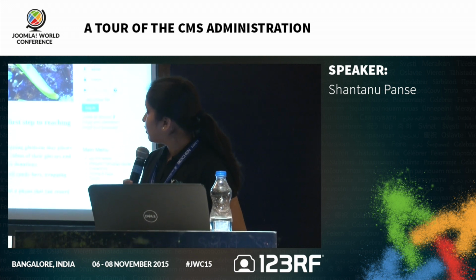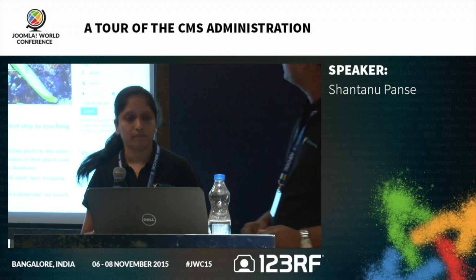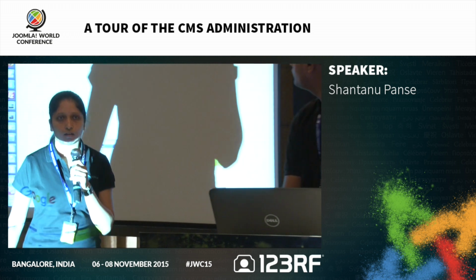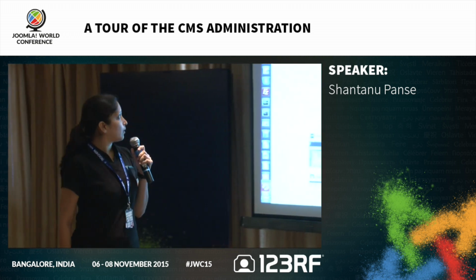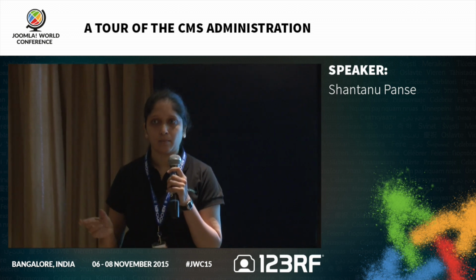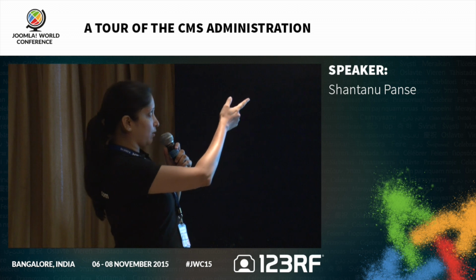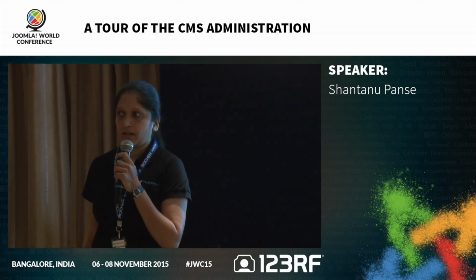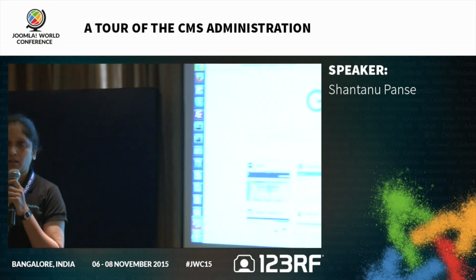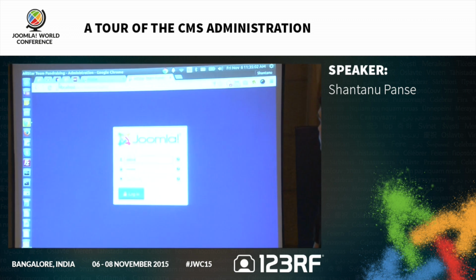Normally the administrator link is called by giving the URL as site name and /administrator. So suppose this is the site, say Eric, and when we go to localhost/Eric/administrator, you can go to the administrator interface. So just click it.